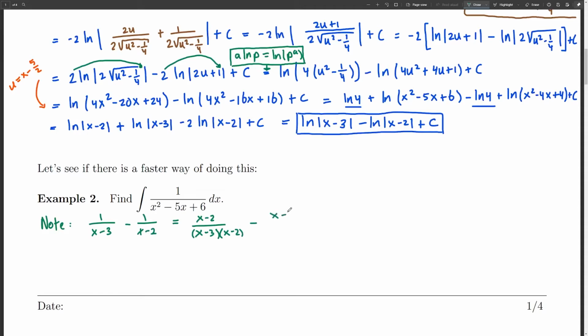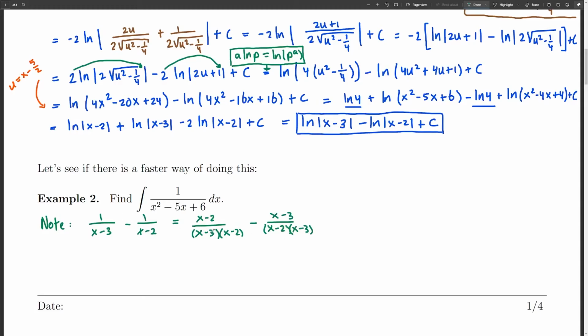And then for the second part, we multiply top and bottom by x minus 3. And so we end up with x minus 3 over x minus 2 times x minus 3. So now we have two terms that have a common denominator, and so we can combine these two fractions by keeping that common denominator.